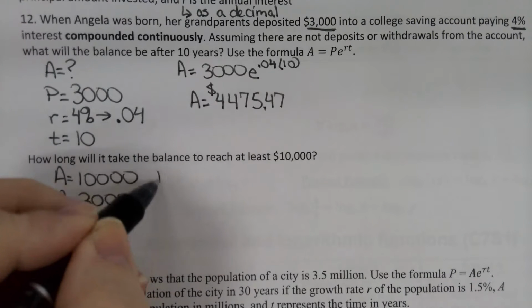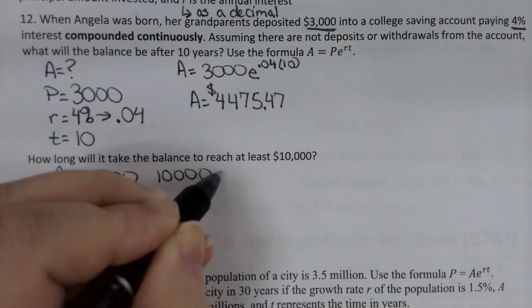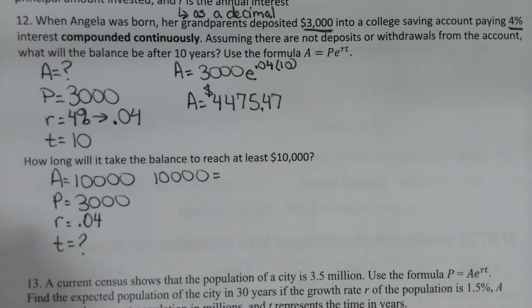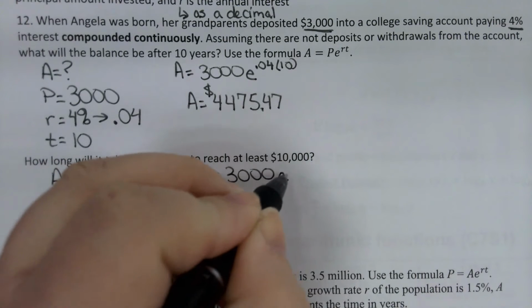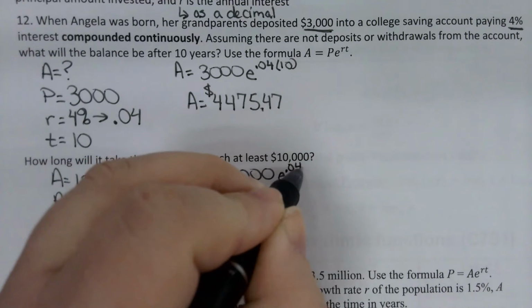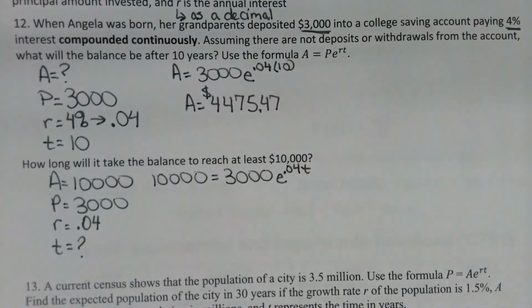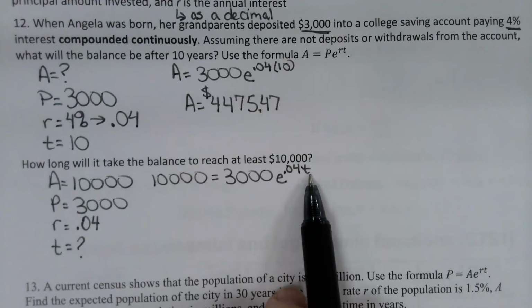So I have 10,000 equals my principal times e to the 0.04t, and I'm looking for time. Now, this is why it's in this chapter. I have a variable as an exponent.